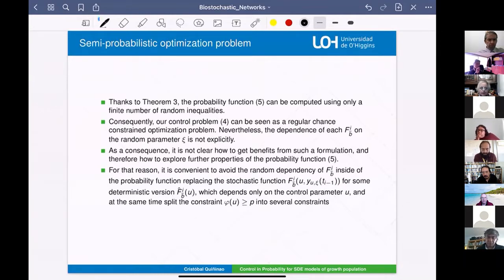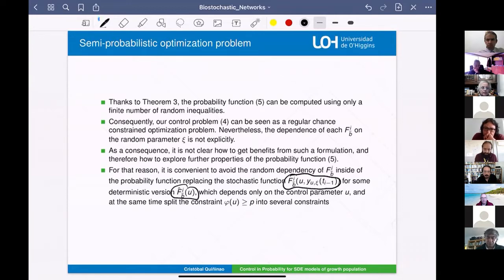In order to tackle it, we take this phi_i, which I just explained before, and we use a deterministic version of this f function. There are several possible choices for this f hat, but all work.